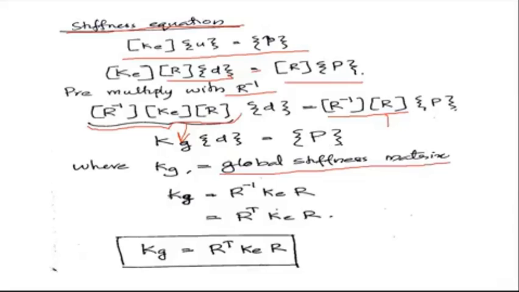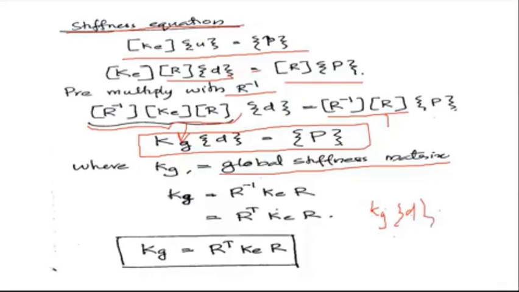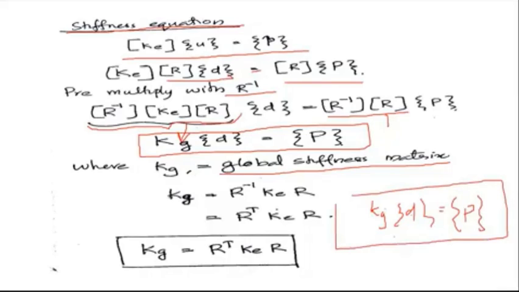So you can write Kg into D as P. This is the expression for the entire structure. The global stiffness matrix multiplied by the structure displacements D gives the total force in the structure, capital P. This is the stiffness equation when you consider the structure as a whole.